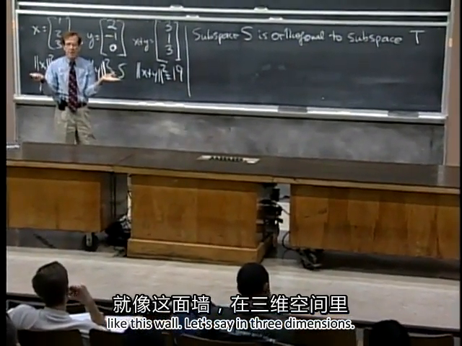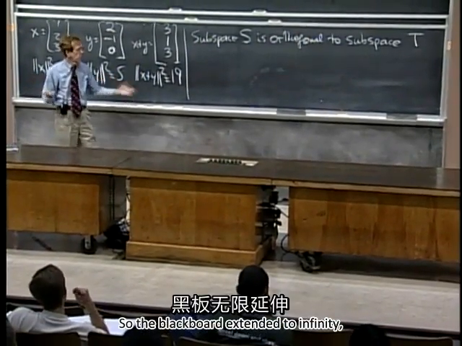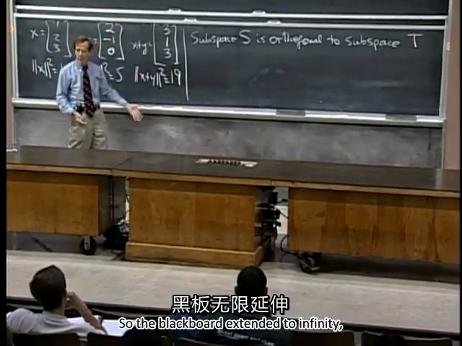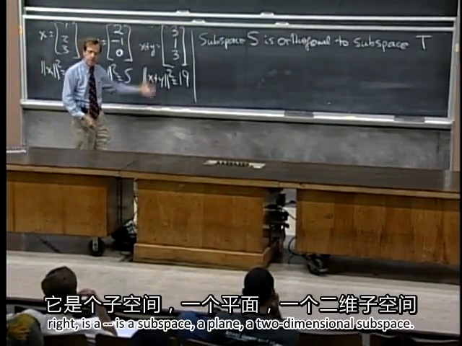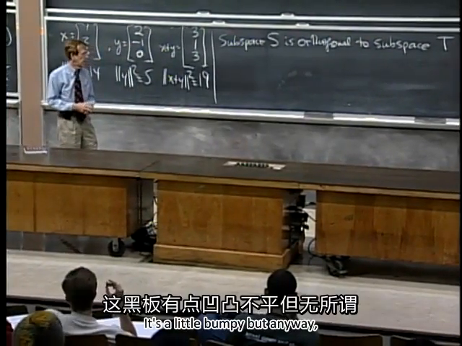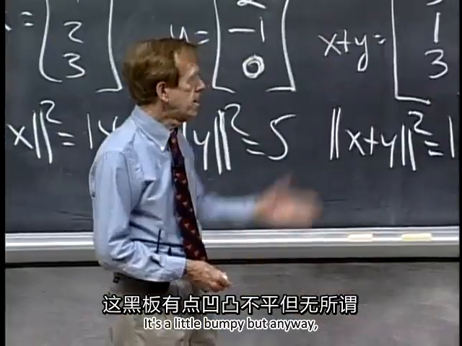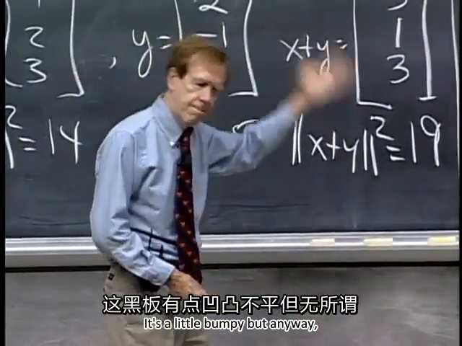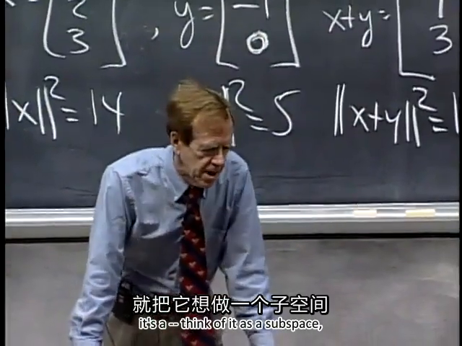Let's say in 3 dimensions. So the blackboard extended to infinity is a subspace, a plane, a 2-dimensional subspace. It's a little bumpy, but anyway, think of it as a subspace.